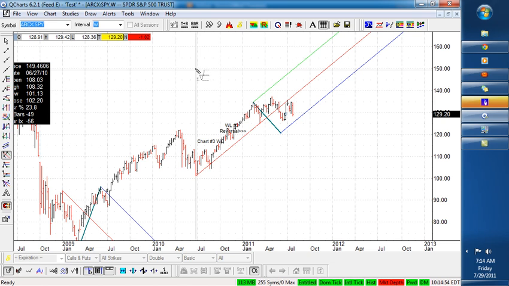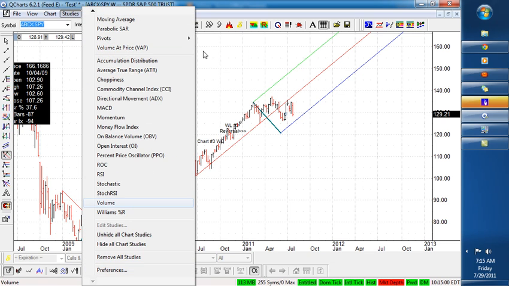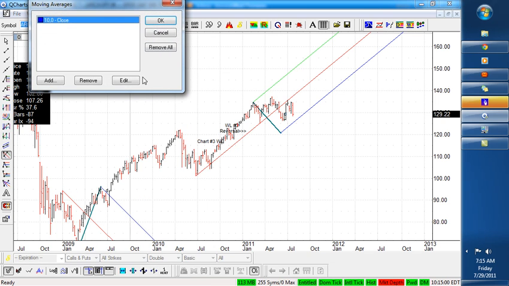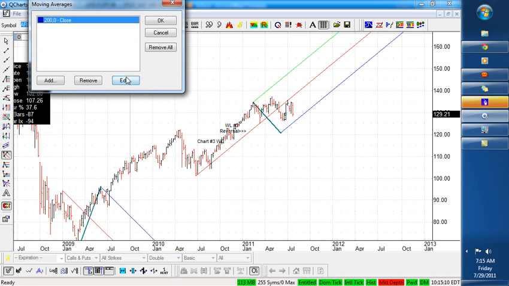Interestingly enough, some people, and there's a lot of them out there, follow moving averages. And let's take a look at this. So 200, let's add the 50.